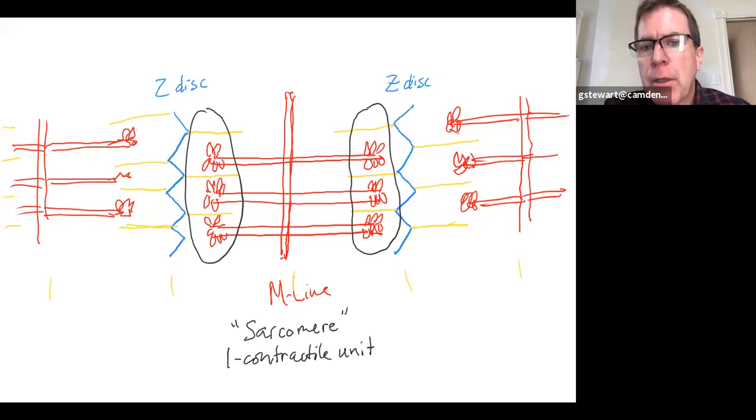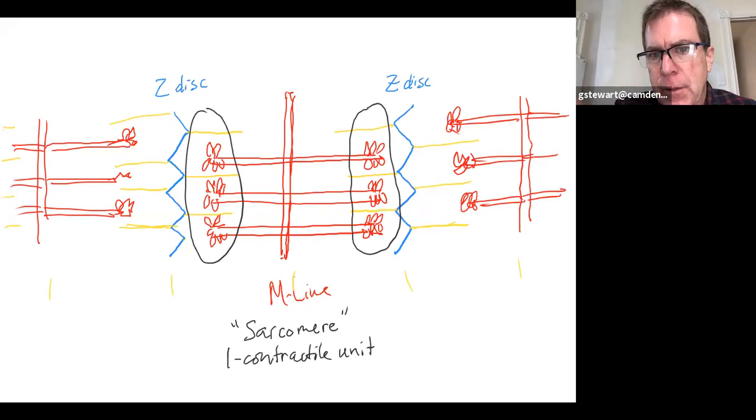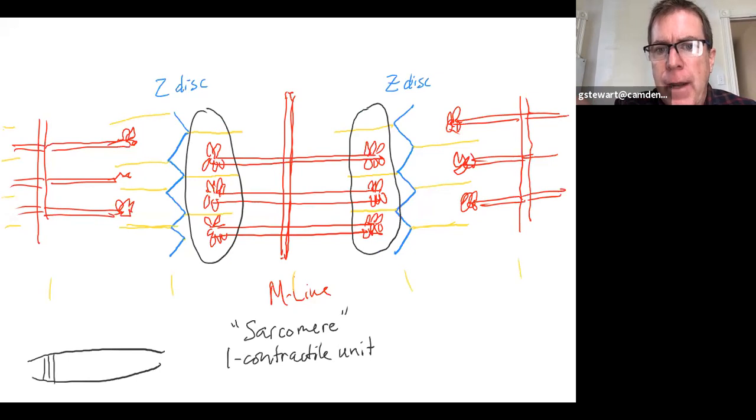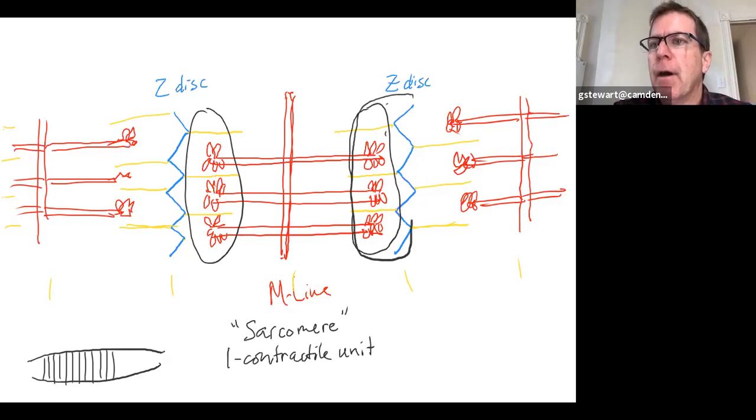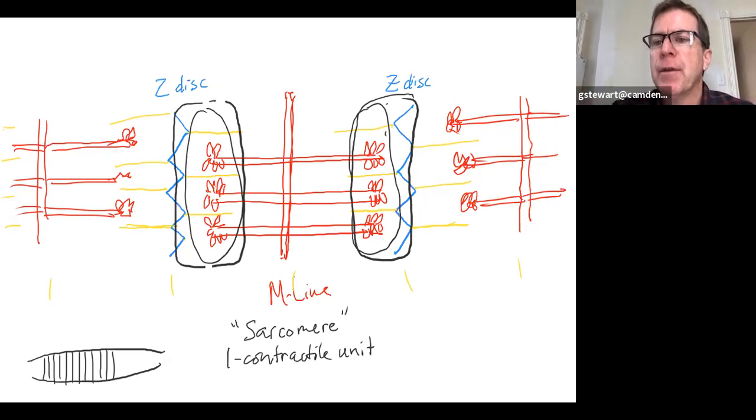So when you look at a skeletal muscle cell under a microscope, it has this very regular banding pattern like this. Where that visually comes from is the overlapping pattern of these sarcomeres and these myofilaments within those sarcomeres.